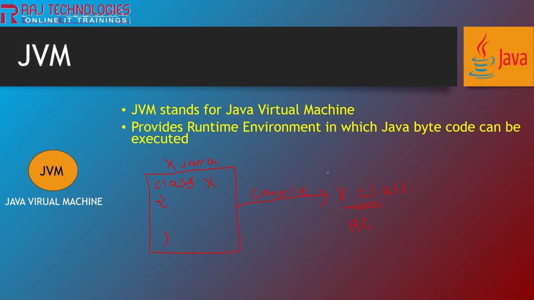Then who is going to provide runtime environment for this bytecode? Who is going to execute this bytecode? The JVM. So JVM is going to execute our bytecode. So that's the role here. So what is the role of JVM? It's going to provide runtime environment in which Java bytecode can be executed.